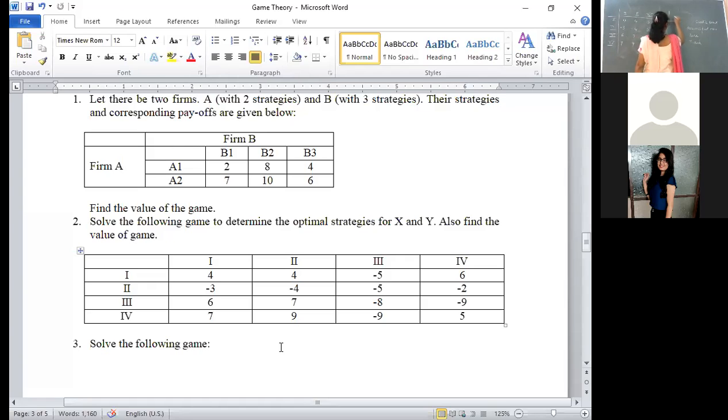Here we have to calculate what? Row minima. Similarly, for columns, we have to calculate column maxima.